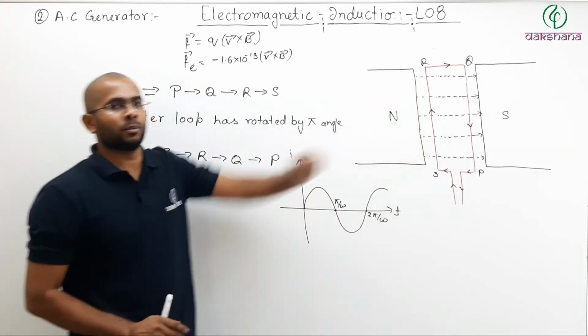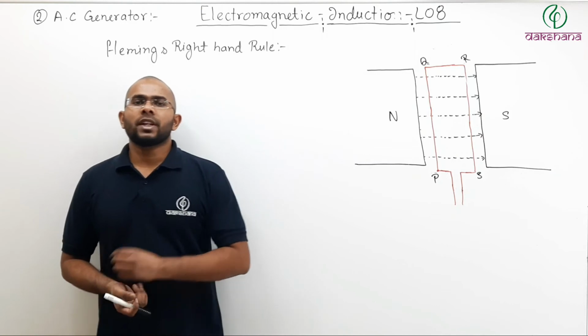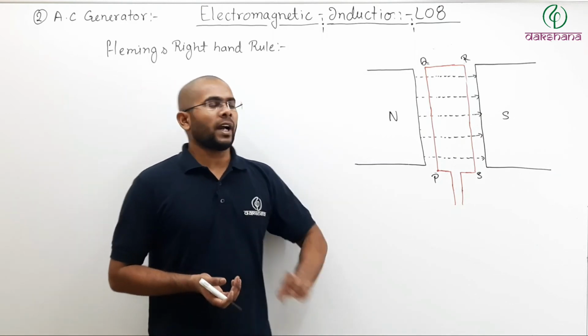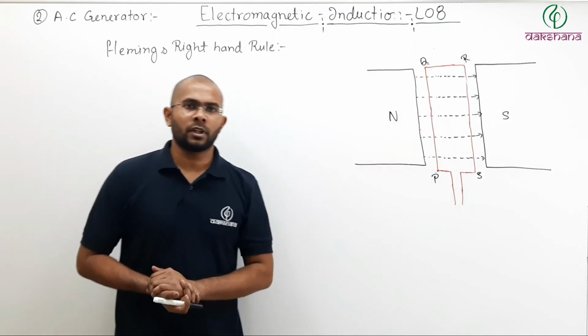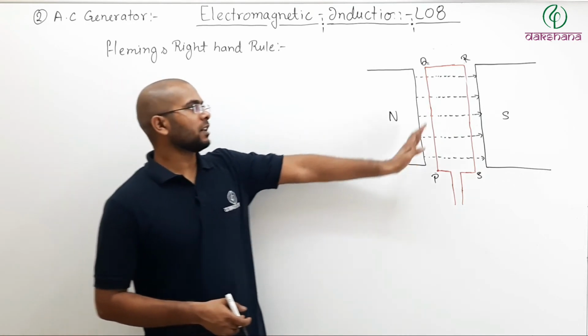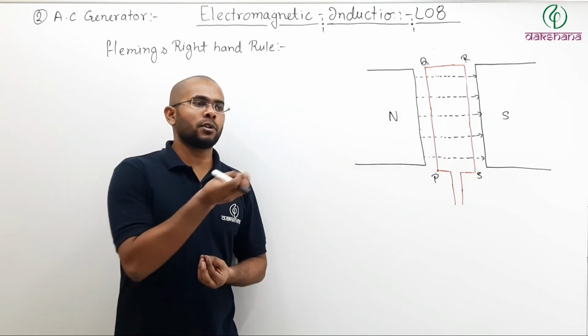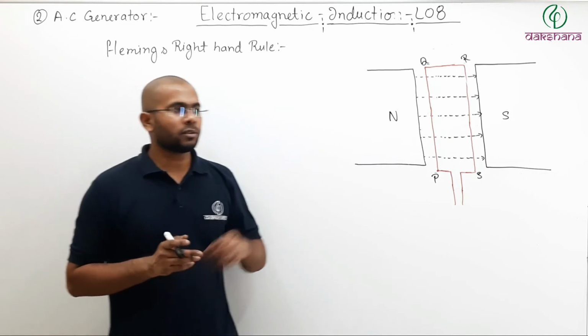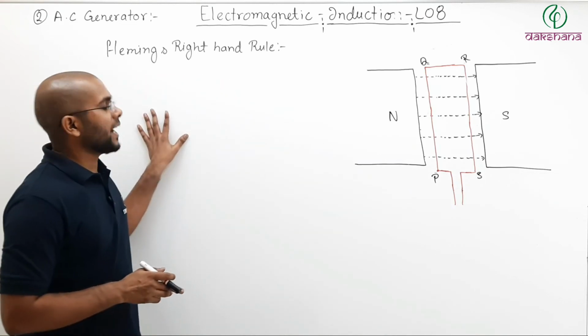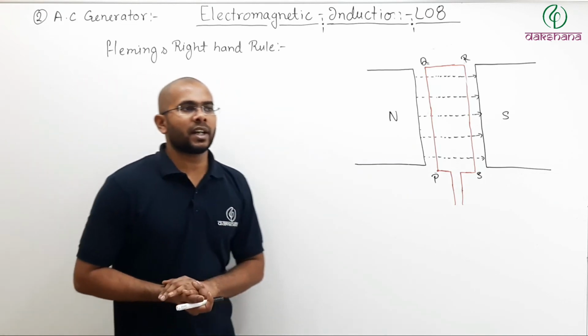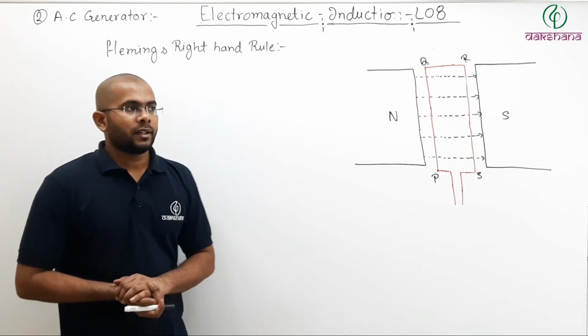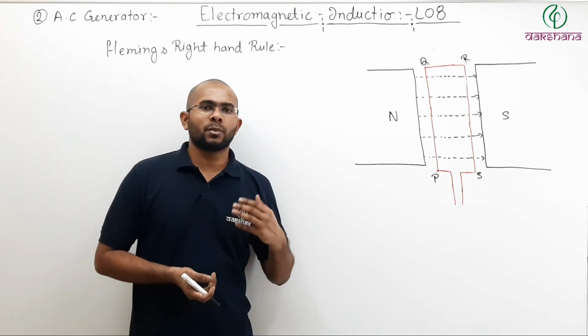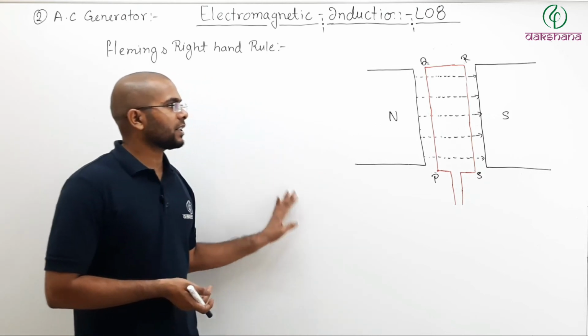Now let us talk about a very simple method in order to find which direction current is flowing. We have already seen which direction current will flow based on force on an electron. Now this method, which is called Fleming's right hand rule, you must have studied it in your 10th standard. This is sometimes asked in board exams also, that is why we are studying it here.